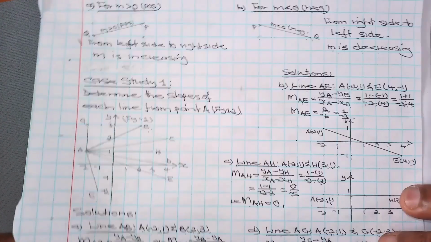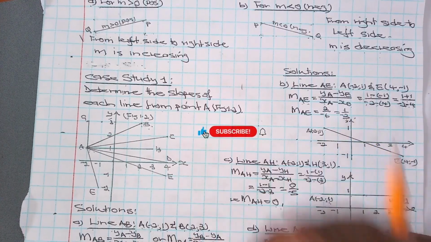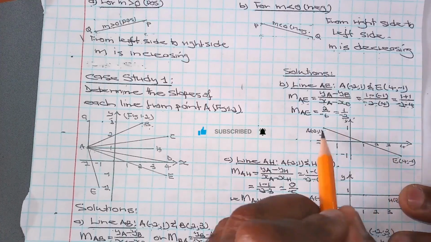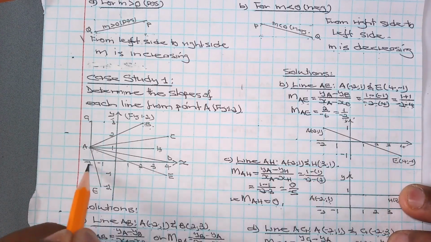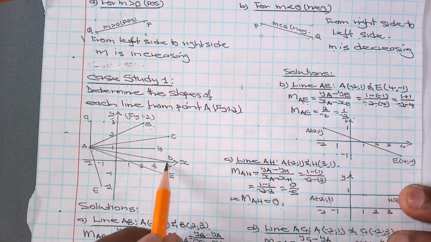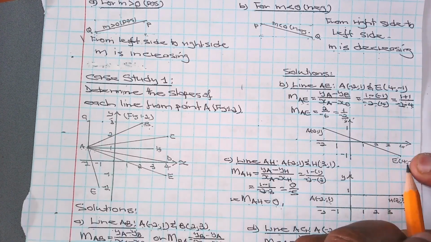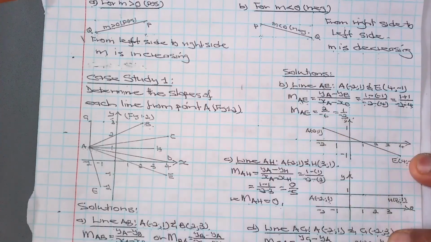So we are going to look at line AE. Line AE tells me that A is (-2, 1). E is (4, -1). There we are. Therefore, I'm going to use one approach. I'm not going to use both.